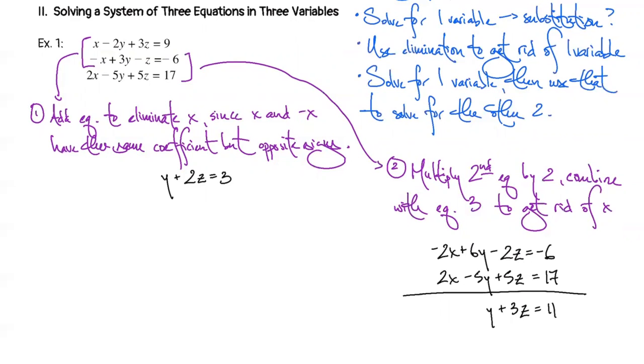True, false? False, because you got to multiply the -6 by 2. Right? Whatever we do, we better multiply that whole equation by 2.